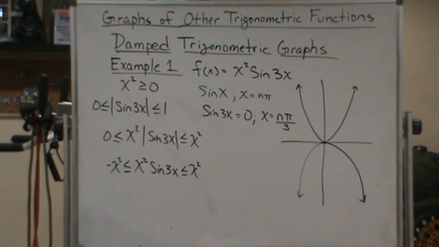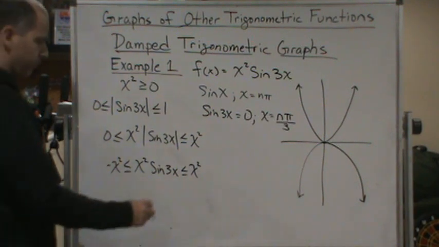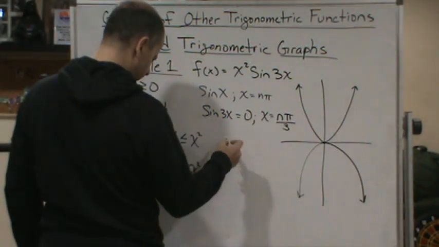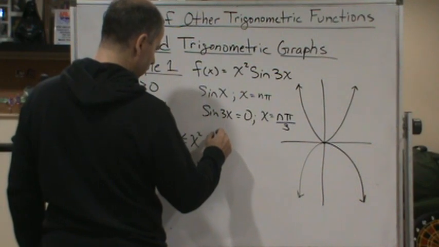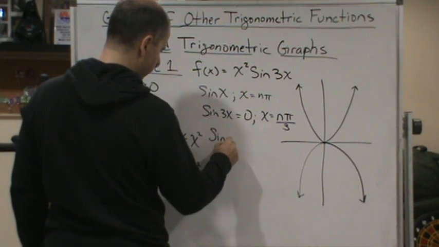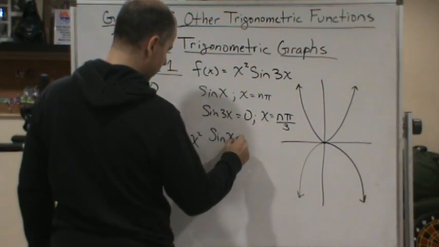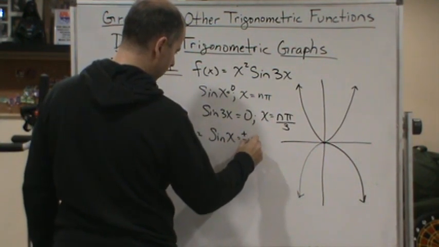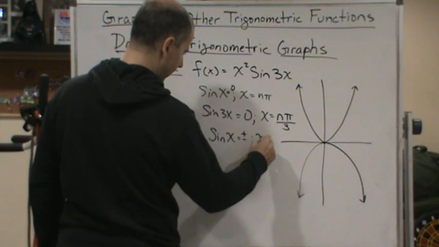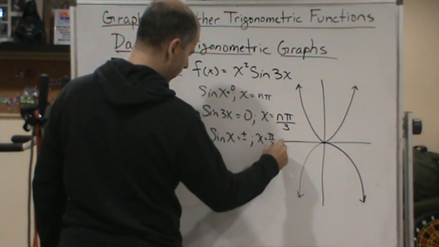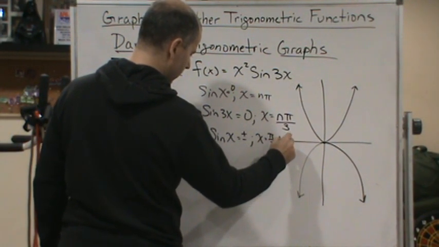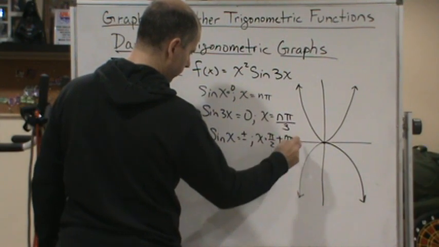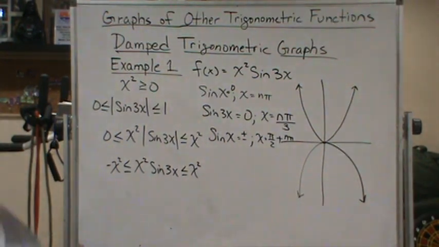Okay, when does that happen? Well, we know sine x equals plus or minus 1 when x equals pi over 2 plus n pi.